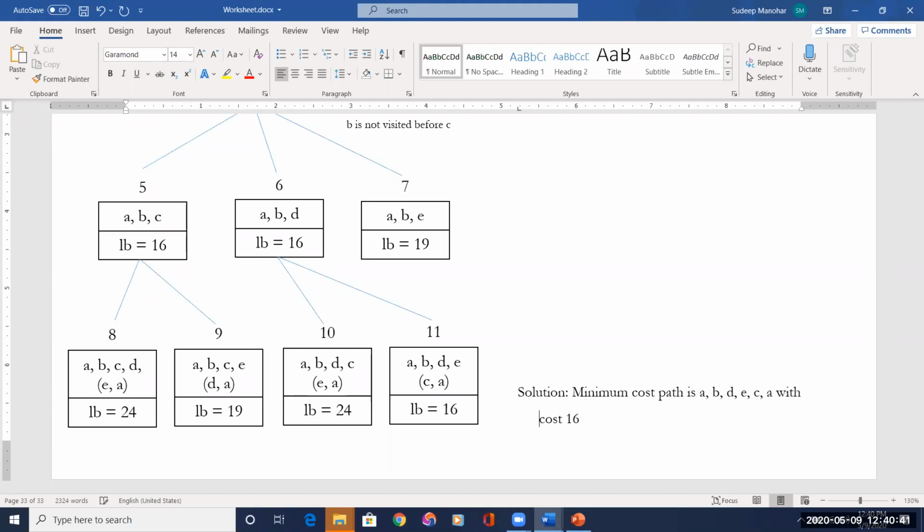So in node number 3 also there is 16, but if you consider that, there is a chance that you may also get one more solution which is not lesser than 16, and you can finalize that node number 11 is the solution.